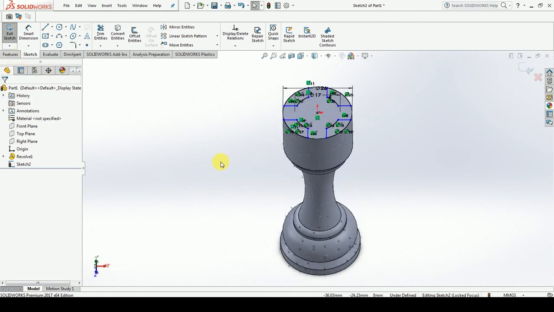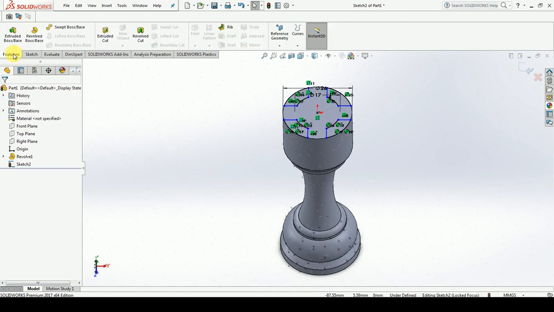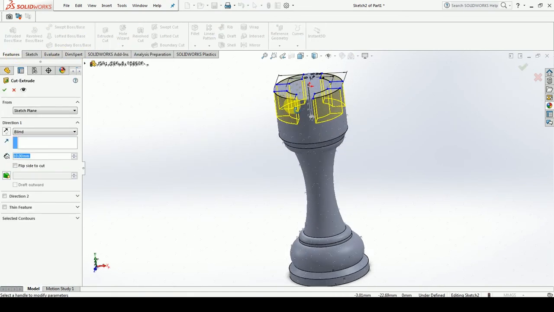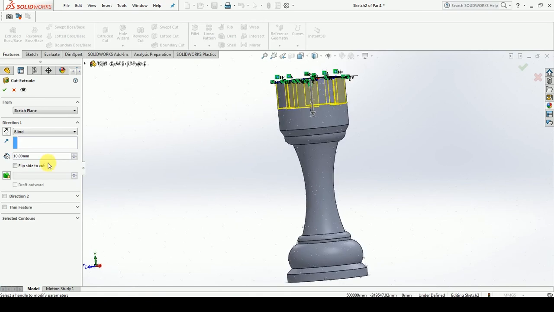After that we have to cut that portion of our sketch from the top of the design. So we have to select Extrude Cut. The cutting portion is 5 mm deep, so we take the dimension as 5 mm and select OK.